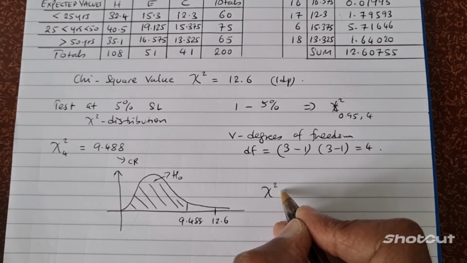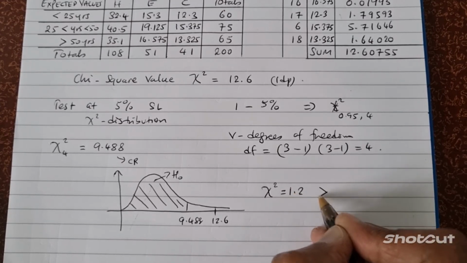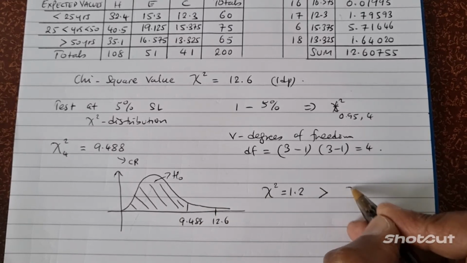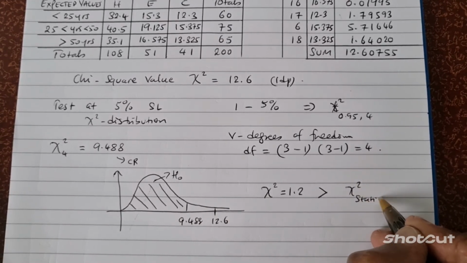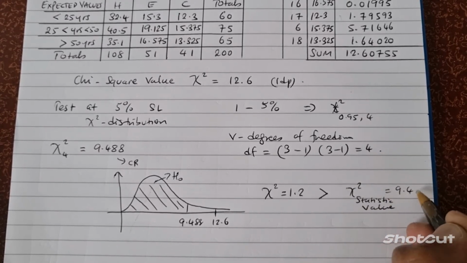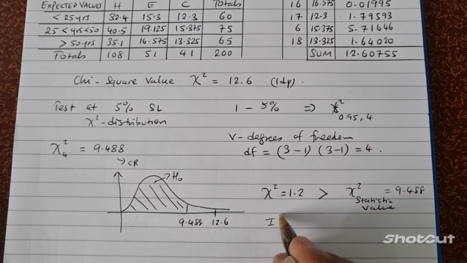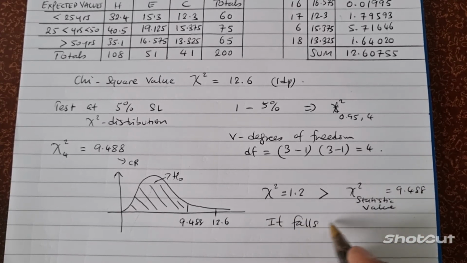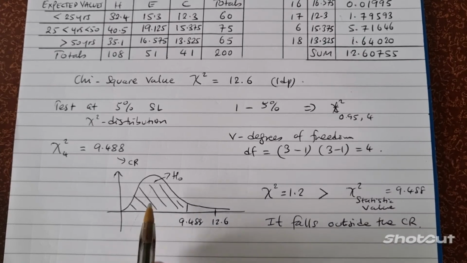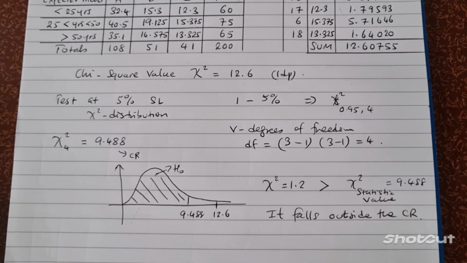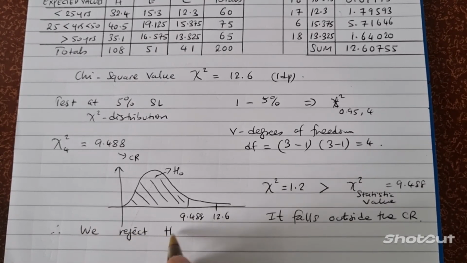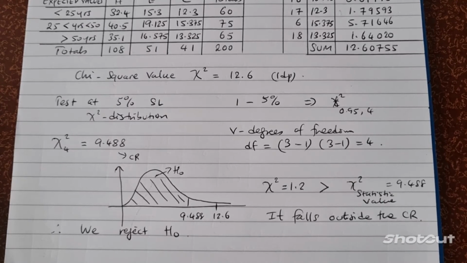So the chi-square value of 12.6 is greater than the critical value of 9.488. That means it falls in the critical region, so we reject H0.